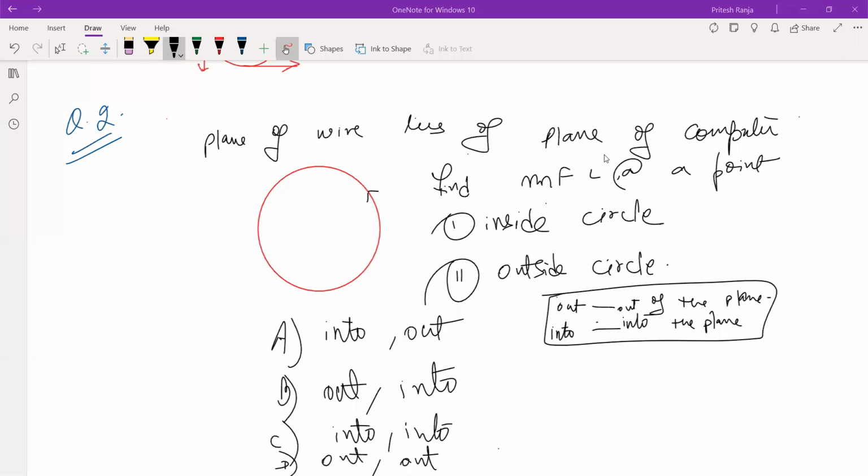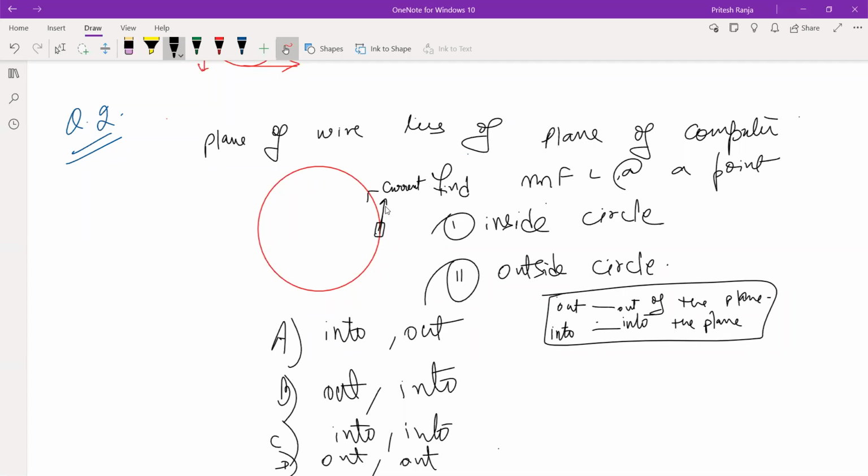So most of you have selected A. चलो देखते हैं क्या होगा रिजल्ट. करंट मूव कर रहा है एंटी क्लॉकवाइज डायरेक्शन में. तो किसी पॉइंट पे अगर डायरेक्शन ऑफ करंट देखें तो ये है डायरेक्शन ऑफ करंट.